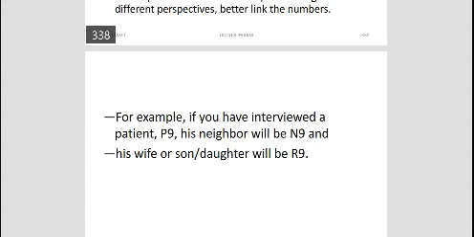And his wife or son or daughter will be R9. I think we are getting the picture. These are relatives and this is the neighbor, and they link to a leprosy patient.